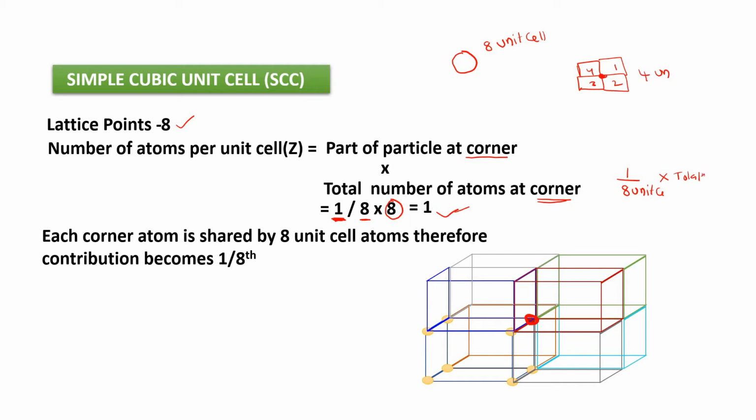In that case we get 1. In the same way, if I put one atom here, it is also sharing 8 corners and the same 8 unit cells. So, this is the calculation of the number of atoms per unit cell.